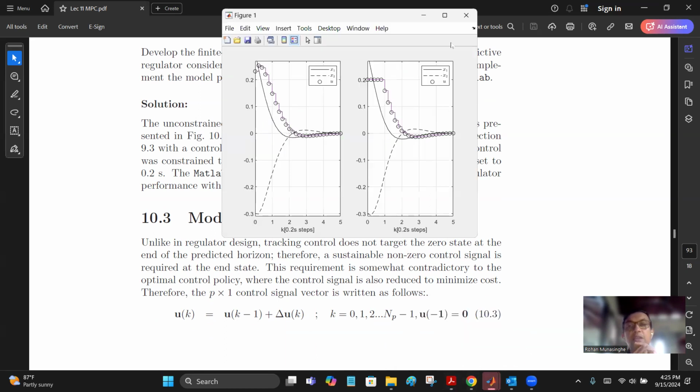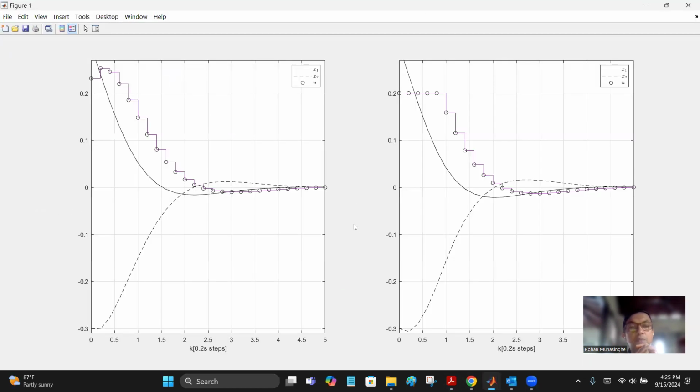When you do that, this is what we get. It's very similar to the previous case, but if you look hard, this is actually feedback control. It is not actually 0 after 2, it is going like that, because this works for a smaller window.